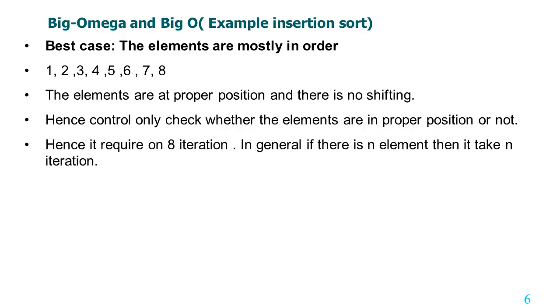Hence it requires 8 iterations, because as I said earlier, each element has to be compared with the previous element in the list once. So there will be 8 iterations. In general, if there are n elements, then it takes n iterations.